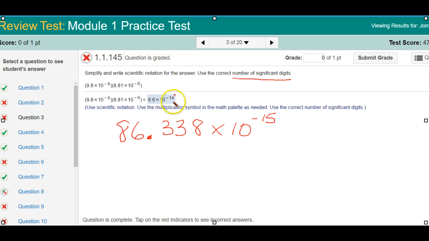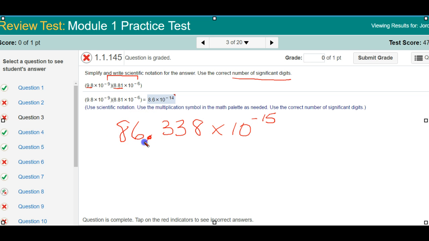So for this next one, again, we're going to multiply this by this, and we get this. Then we take our exponents and add them, and that gives us a -15. So do we have it in scientific notation yet? The answer is no, because this is a number not between 1 and 10.